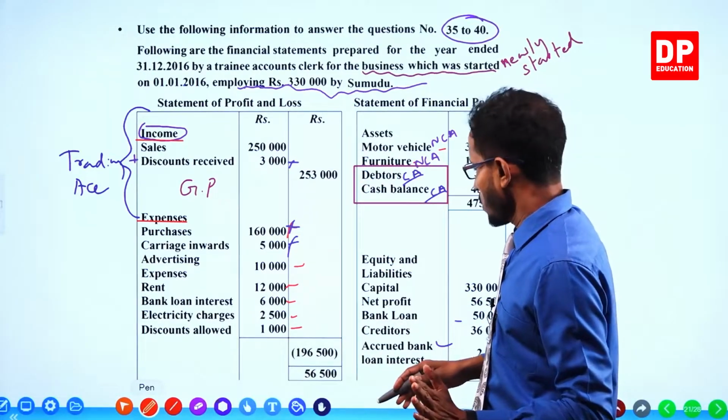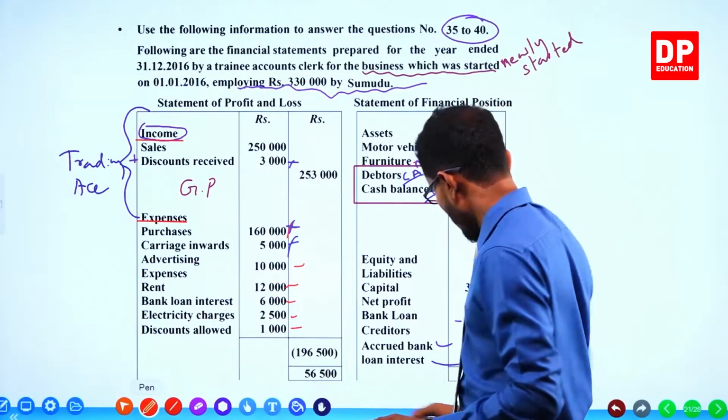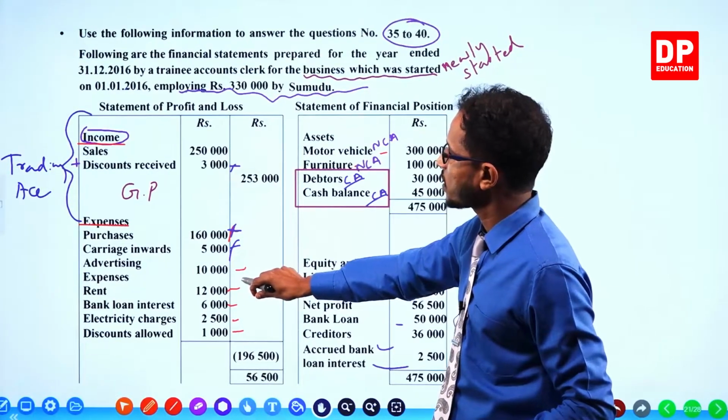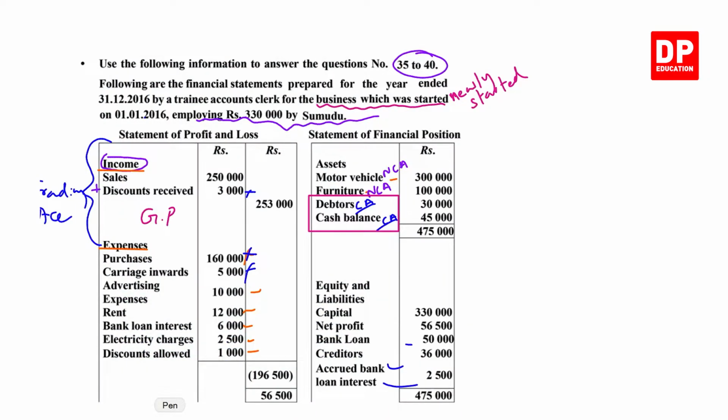So the way to calculate the cost of sales is this.